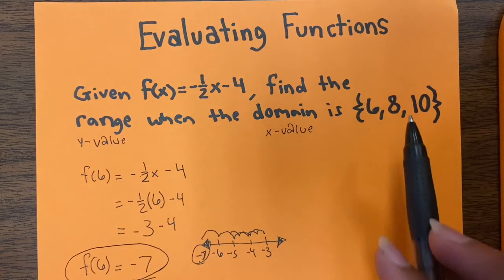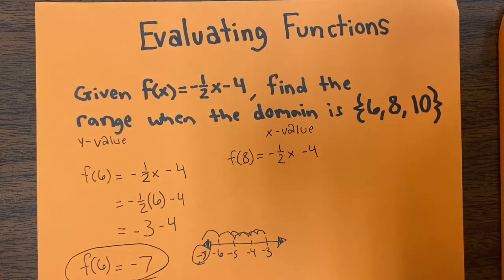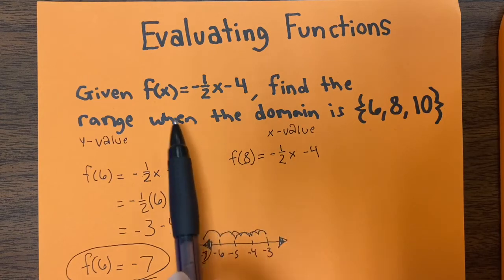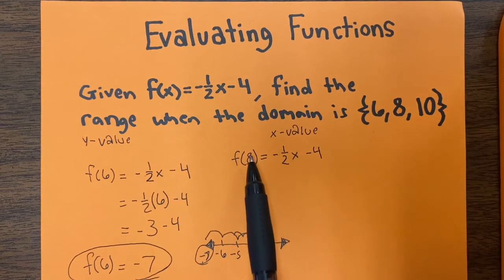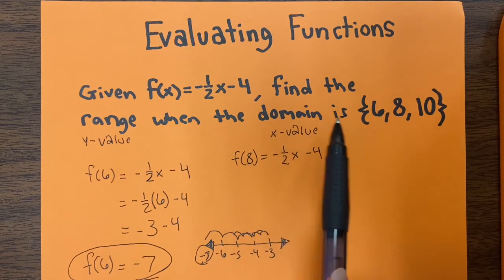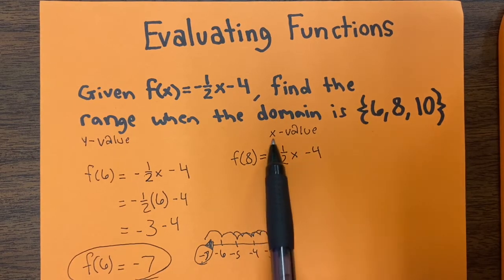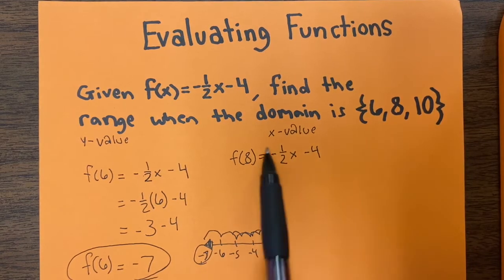Okay. So the next one I'm going to plug in is 8. I'm using the same exact equation, but this time I'm going to plug in 8 for the x value. So you see it's asking me, when I plug in this number, what's the output that comes out of it?